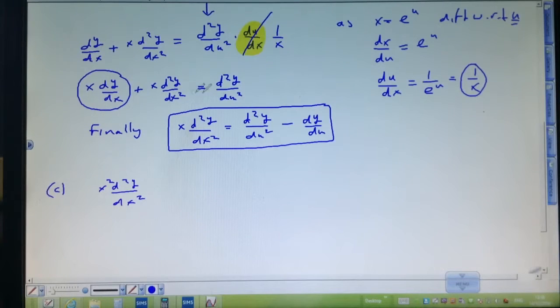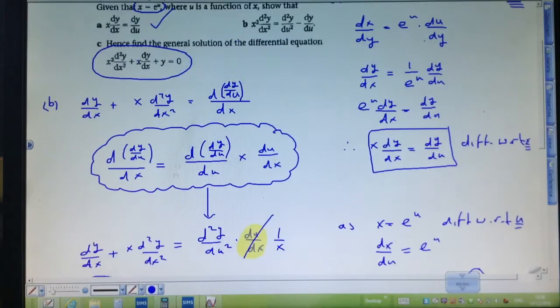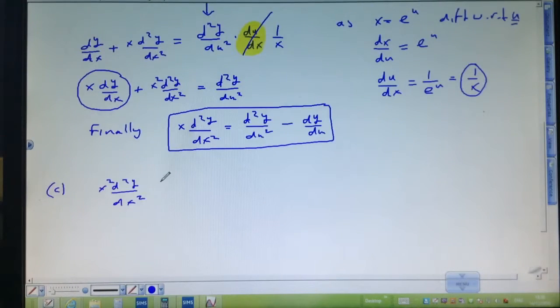I forgot to times through by x here, that should be x squared there, sorry. Plus x dy by dx plus y is equal to 0.